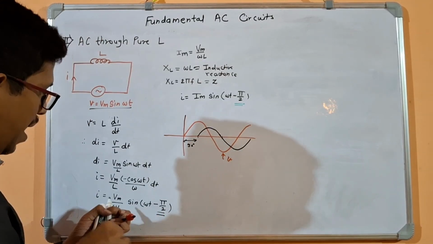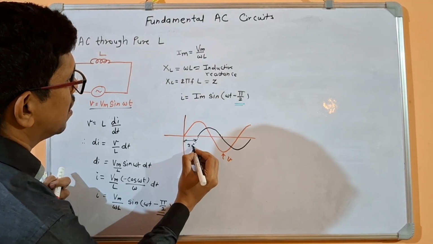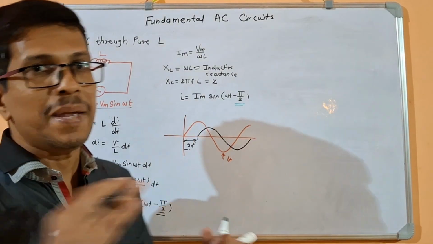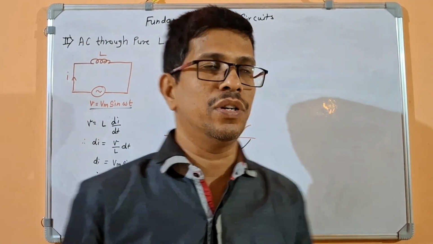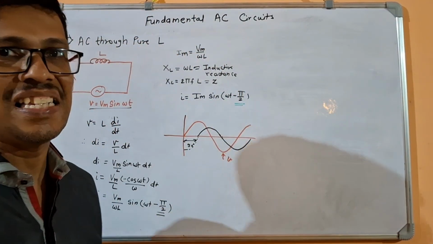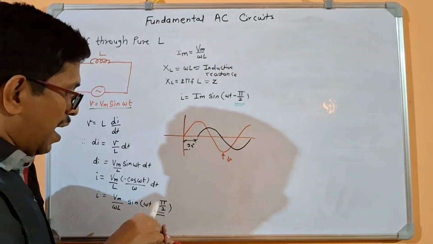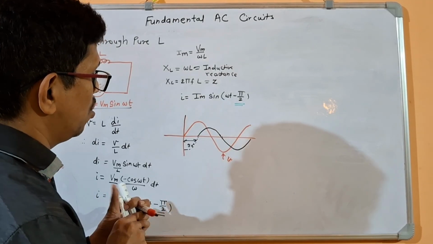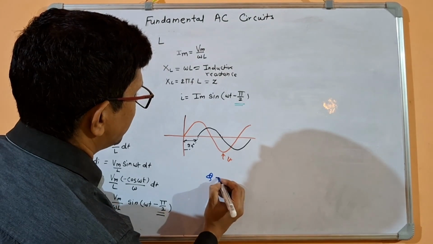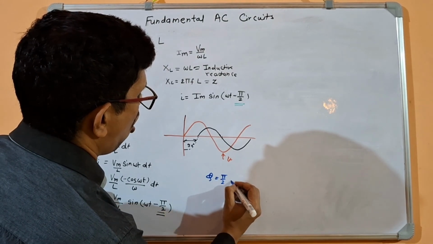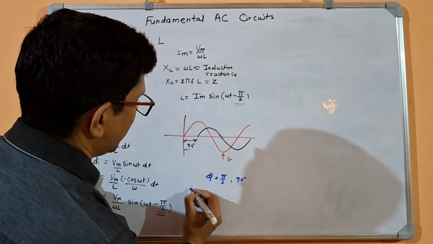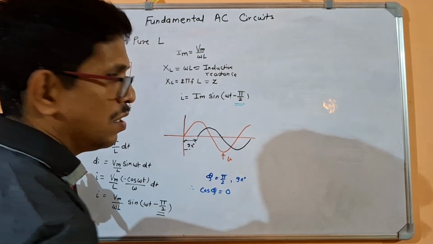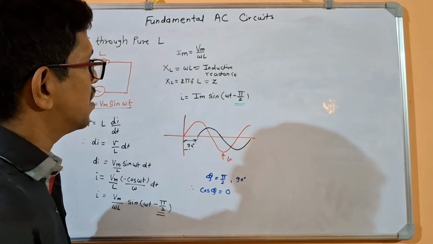I can continue this current up to this point. So current is 90 degrees behind the voltage, or lagging the voltage. That's why this is called the lagging circuit. And this angle of lagging is pi by 2, that is phi is equal to pi by 2, or 90 degrees, and therefore the power factor for a pure inductive circuit is 0. So it is a zero power factor circuit.